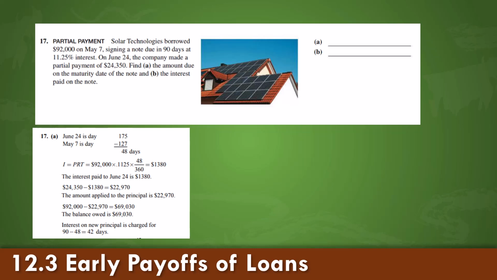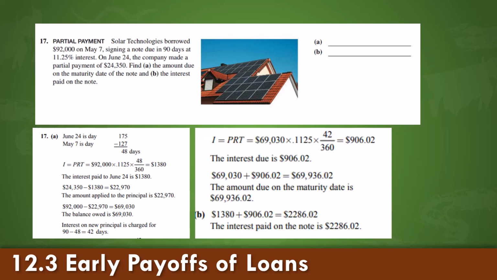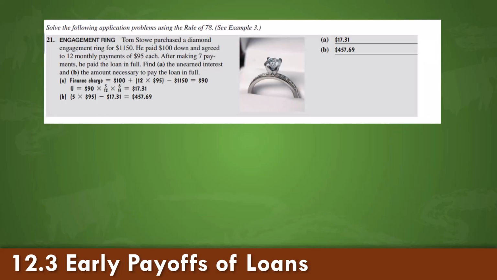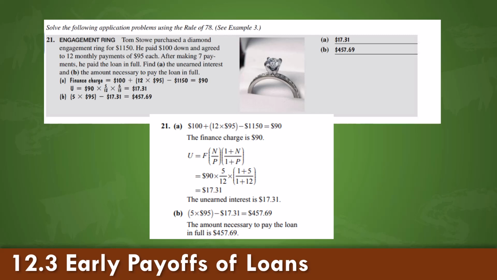Identifying the number of days, because remember, it's principal times rate times time. This is an example of identifying the unearned interest and the amount necessary to pay the loan in full. I've demonstrated it for you here.